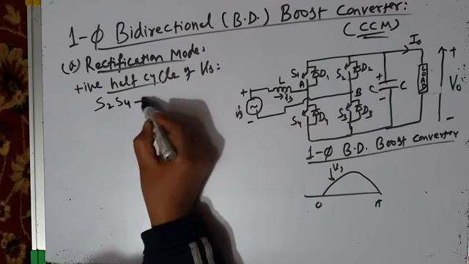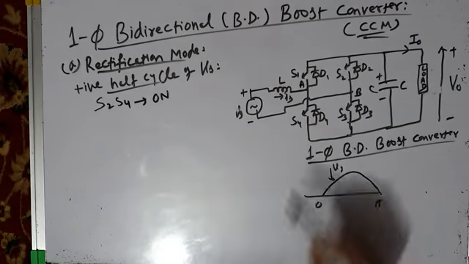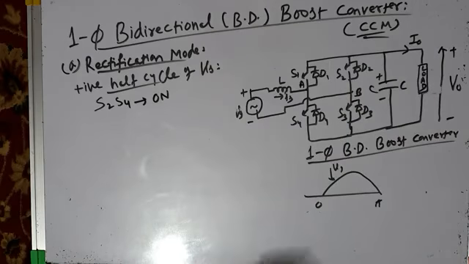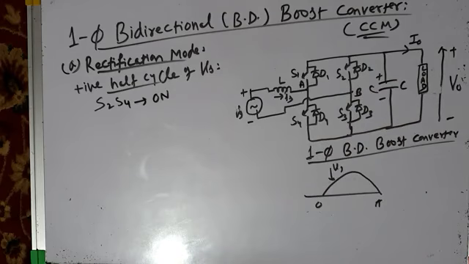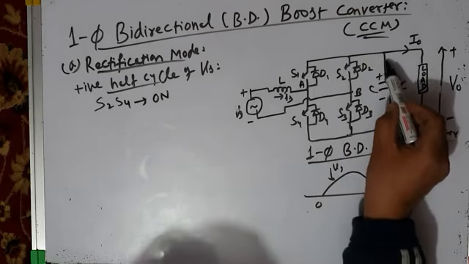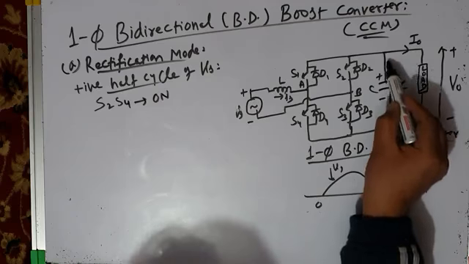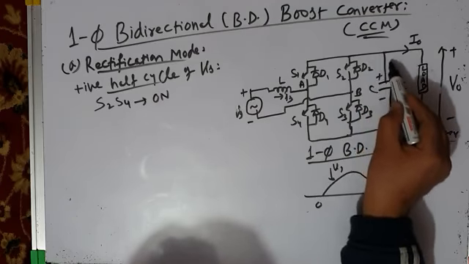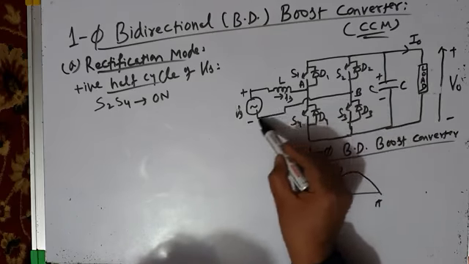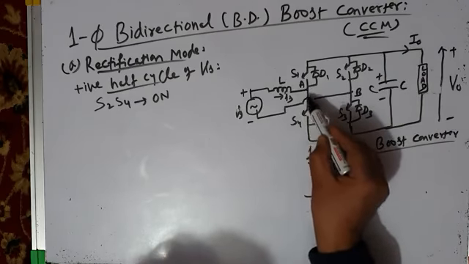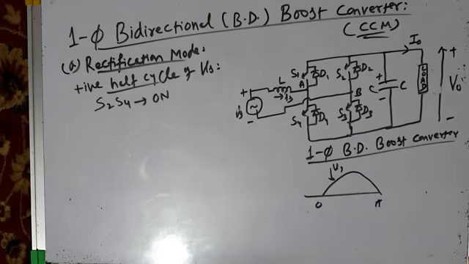S2, S4 pair of switches will be turned on. When S2 and S4 are turned on, the capacitor is already charged, positive, negative, and capacitor will supply energy. I mean, capacitor will discharge like this through S2, then current will flow like this through inductor, and then through S4 it will go back to the capacitor.